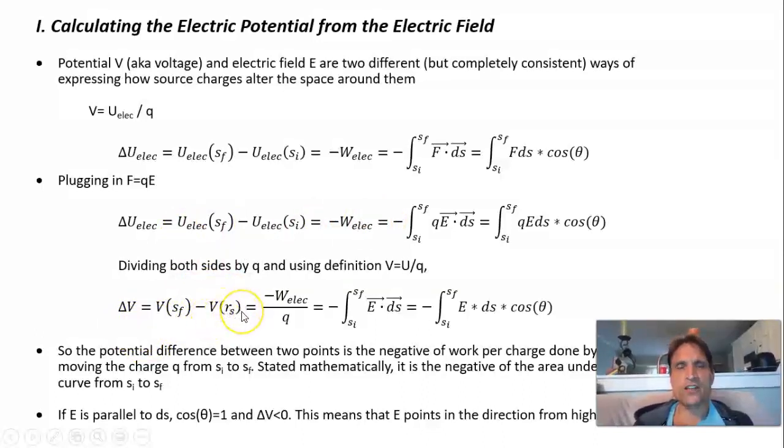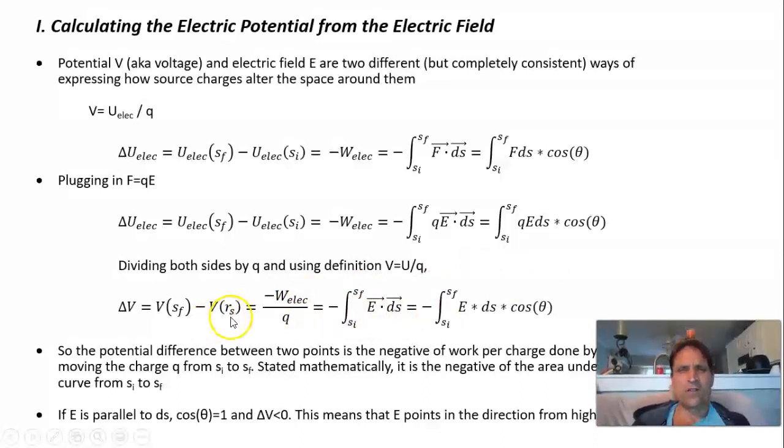In other words, the change in the potential is the negative work per charge, which is the dot product of E dot ds integrated over the displacement of the charge. So in other words, the potential difference between two points is related to the electric field that did the work in moving the charge between the two points. Okay, and so the electric work per charge, which is negative E dot ds, leads to the potential difference.